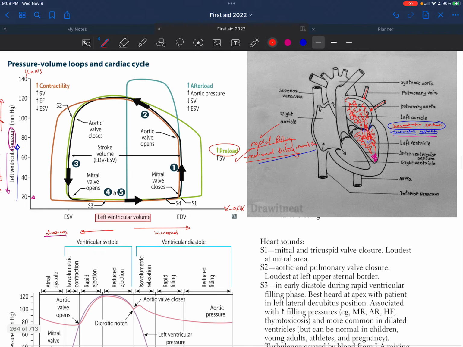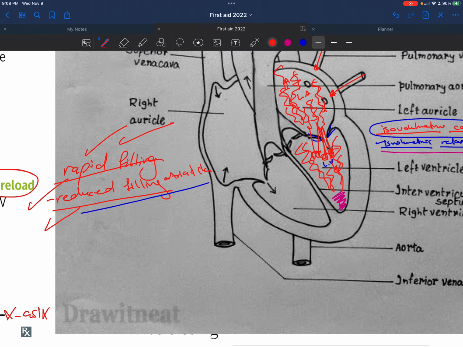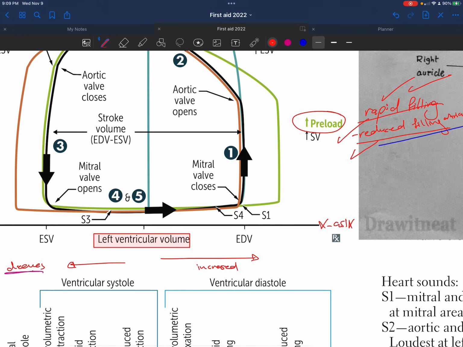Of course, there is rapid filling and there is reduced filling. These are something to know, like with all of the variables. So the filling, there you go. We are following the green line now. The mitral valve opens, allowing the left ventricle to be filled. But now it's filling more than the usual expected amount.